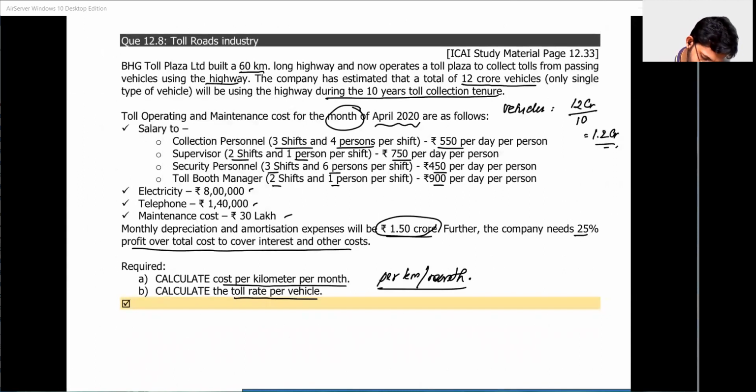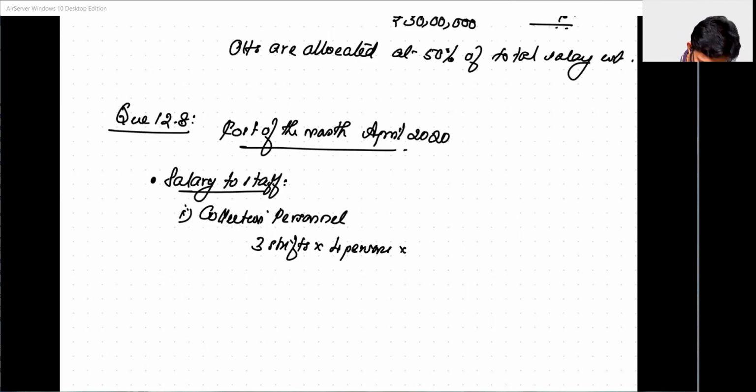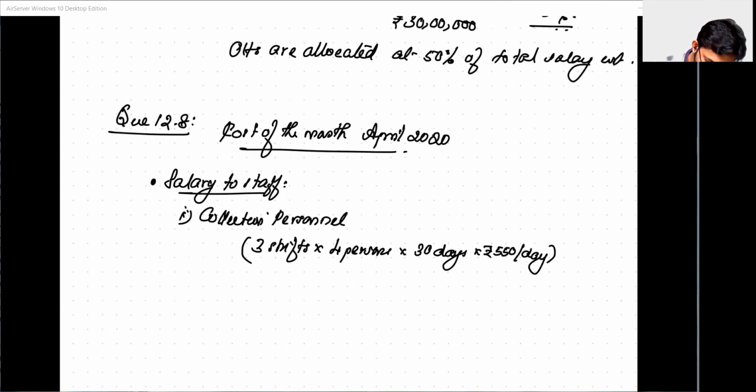Number of days will be 30, right? And what is the rate you are paying? It is rupees 550 per day. So this will be 3 into 4 into 30 into 550, 1,98,000.